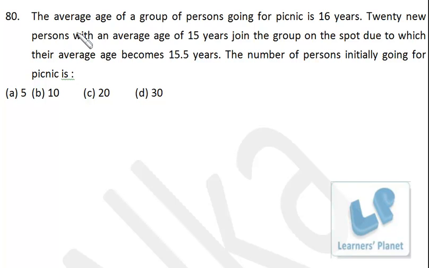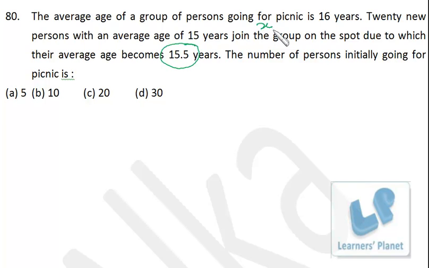Now this question: the average age of a group of persons going for picnic is 16 years. 20 new persons with an average age of 15 years join the group on the spot, due to which the overall average becomes 15.5. The number of persons initially? I assume the number of persons initially were X, right?